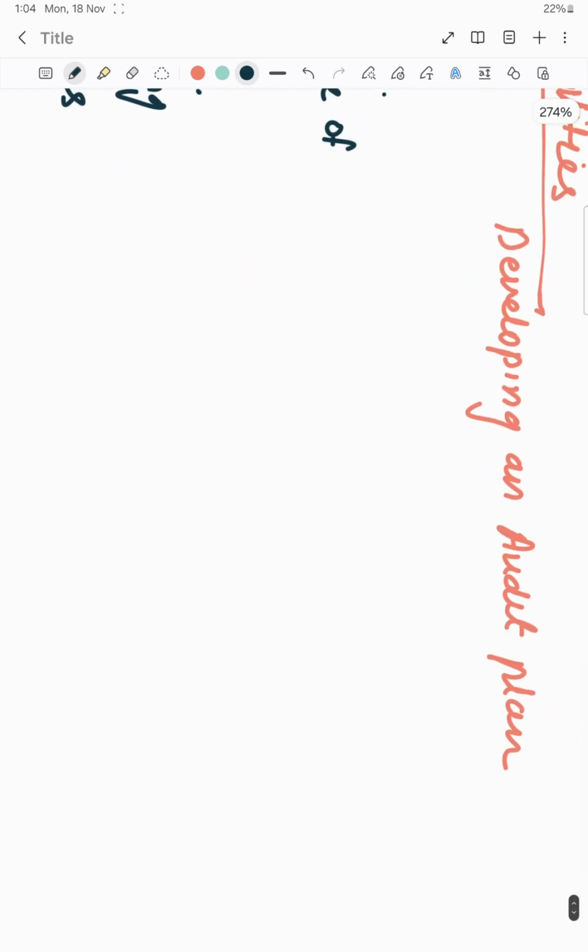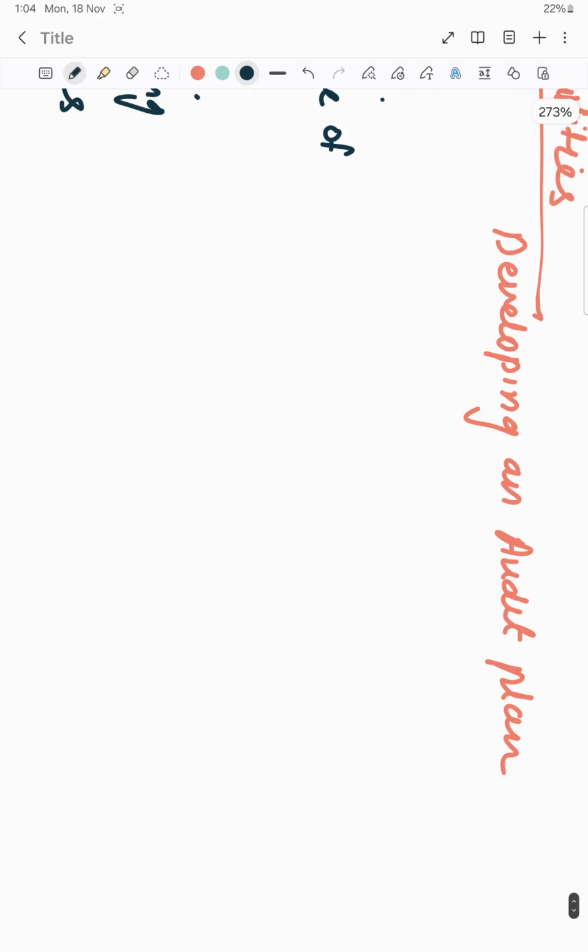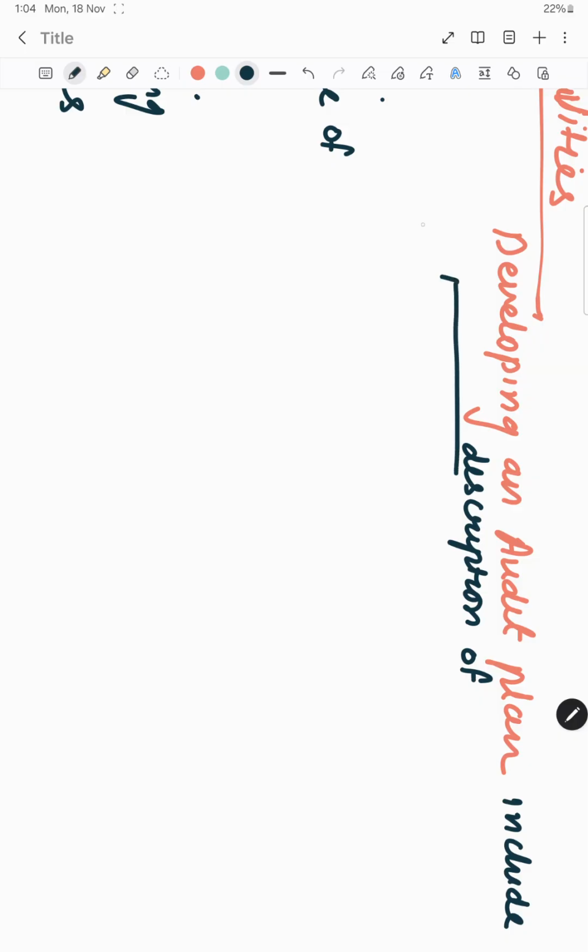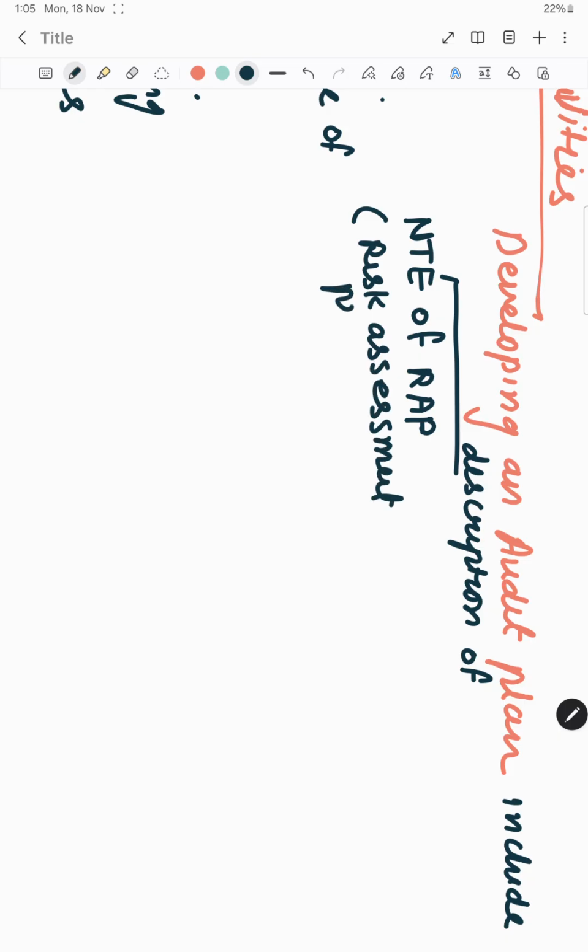Developing an audit plan. Audit plan includes description of nature, timing, and extent of risk assessment procedure.